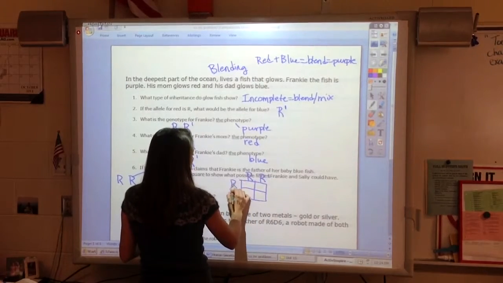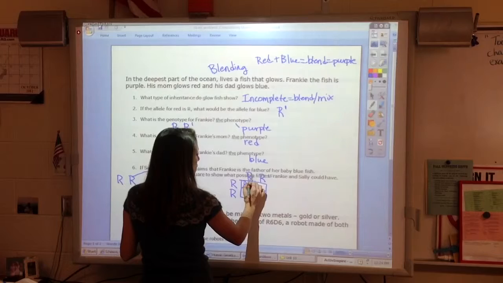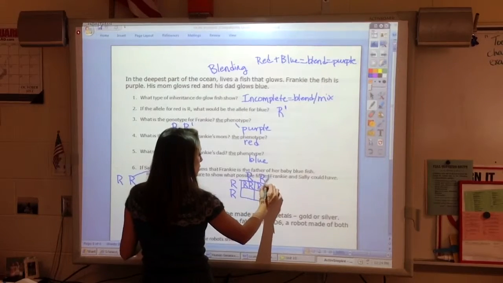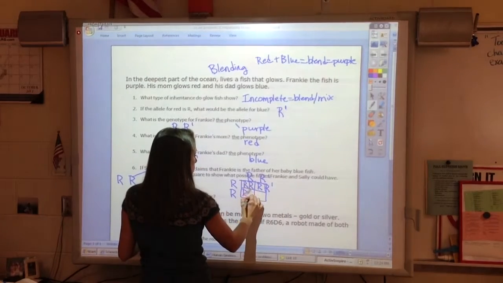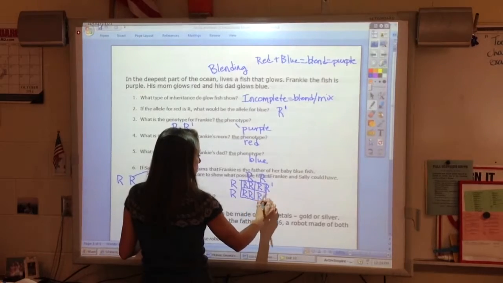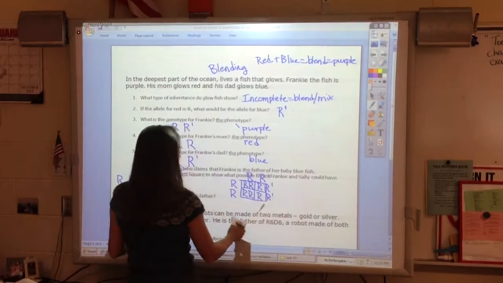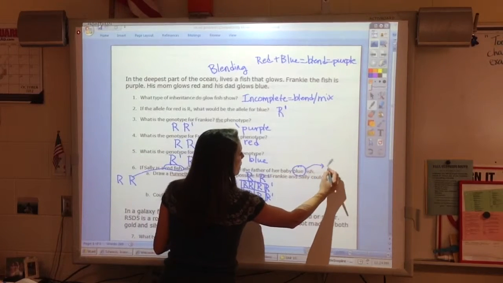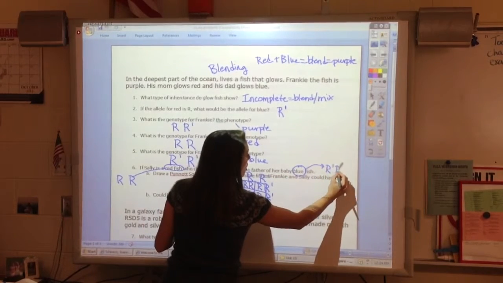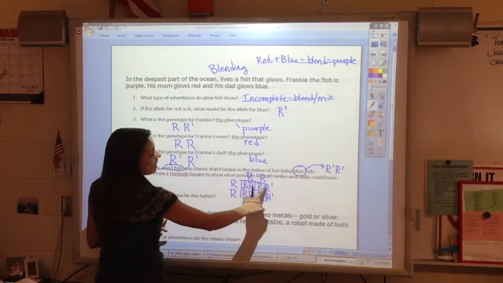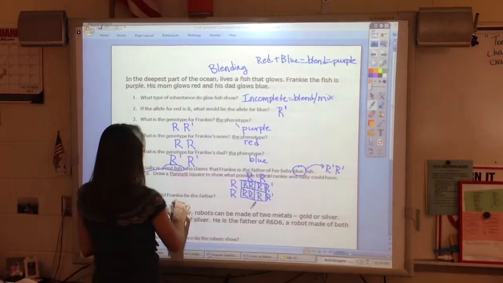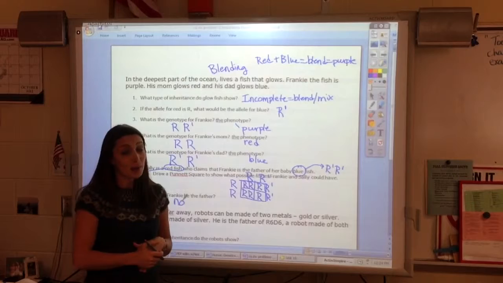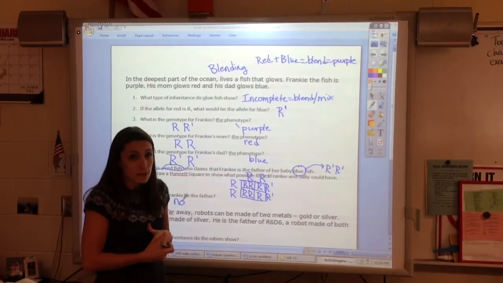Sally is R R. So we fill in the Punnett square. And a blue fish would actually have to be R prime, R prime. Do we see any R primes? No. Frankie could not be the father in this situation.